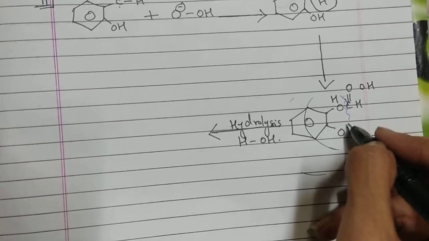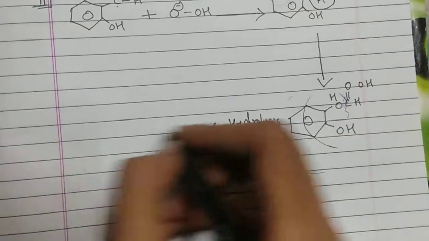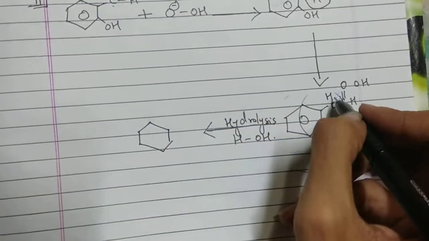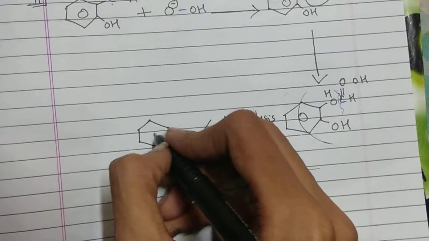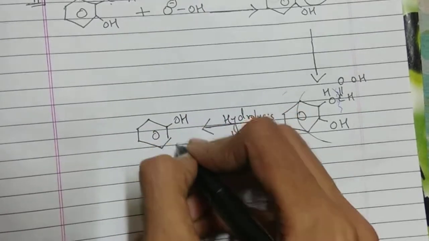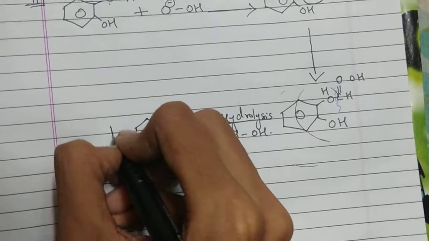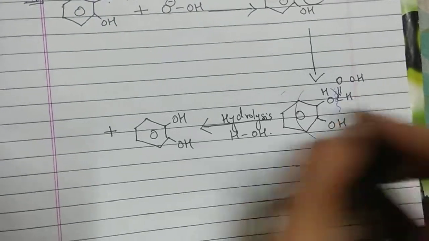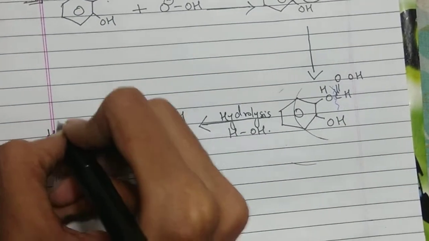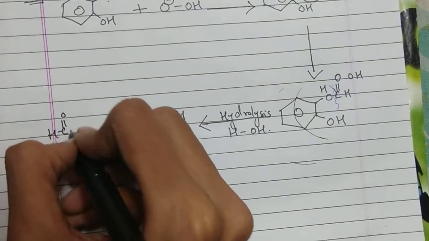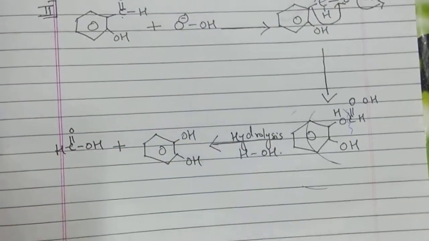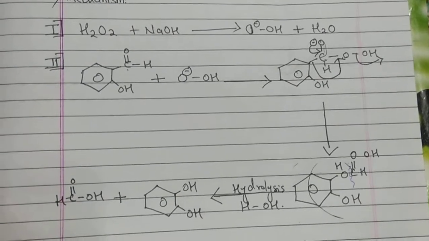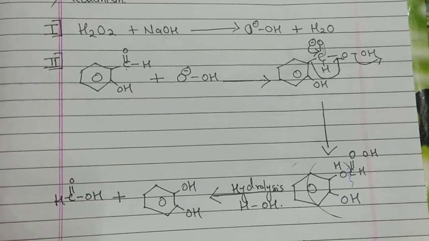One will be with the H and one will be like that. So as I said, one will be this one. So that will be OH and another OH. And the other will be CHO and another OH. So that will be HC double bond O OH, which is nothing but my formic acid. Okay. So this was the mechanism for aldehydes.